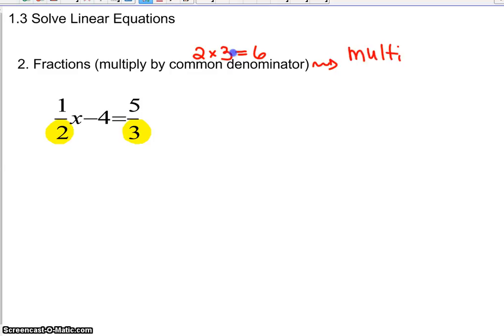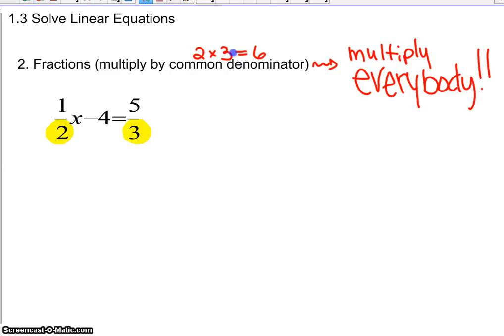What I have to do is make sure I multiply everybody by that 6. Because most of the time we don't have an issue multiplying the fractions by the 6. But what we forget is this little 4 here, because it's not a fraction.